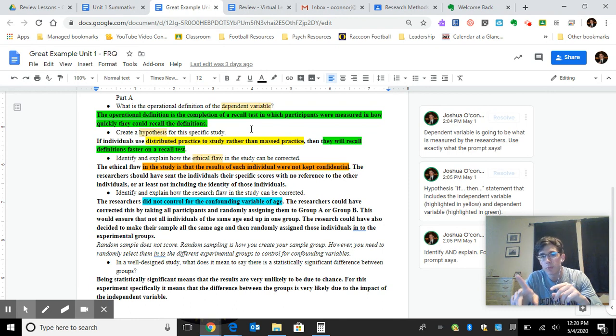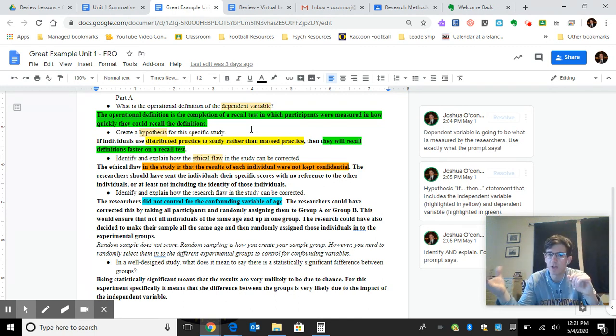So one way to remember that too is the independent variable is always going to be what the researcher does first. And it's going to vary between the two groups, right? So the study method was the independent variable, right? Because that's what they did first, right? They separated them into groups. They said, you're going to use this study method, you're going to use this study method.